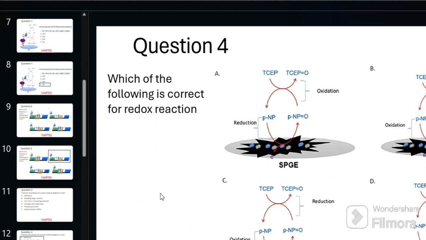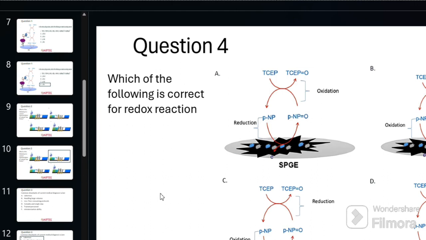So just look, let's go option by option. In the first option, we have an oxidation reaction from TCP to the reduced form of TCP, and a reduction reaction at the bottom.